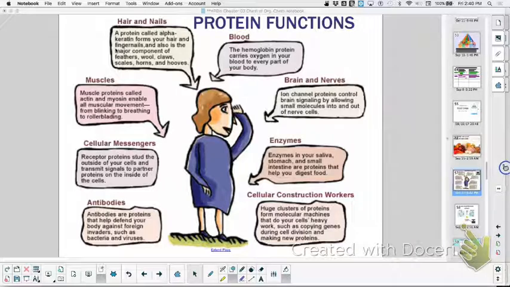We'll talk about blood. We haven't talked about muscles. We've talked a little bit about cellular messengers, right? And we know proteins. Let's go over the functions of all proteins. They could be what? Channels, carriers, cell recognition, receptors, enzymatic, and cell junctions. Good.